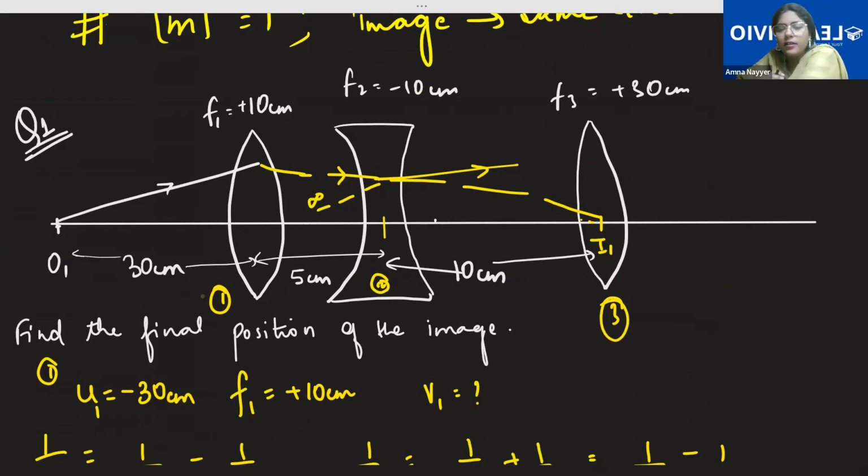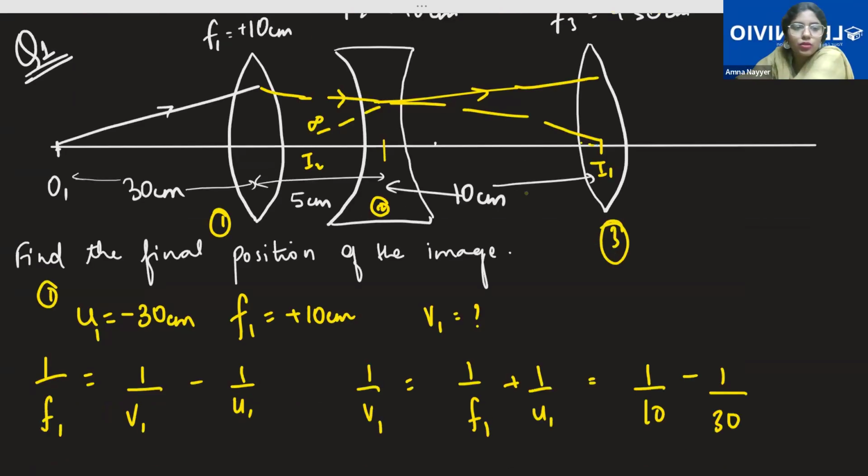Now, class, if the object distance is at infinity, what is the rule? The image that is formed, wherever this I2 will be formed at infinity, I2 will act as the object for the third lens, as we did for the second one.